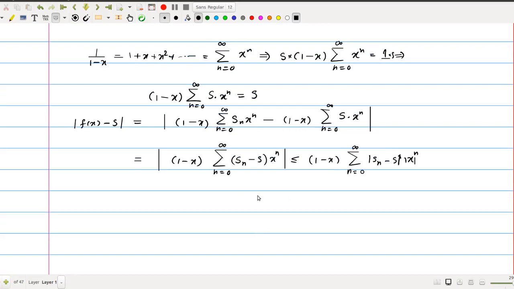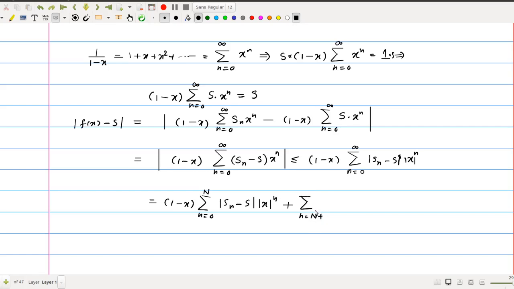Now we write this summation from n equal to 0 to infinity as the summation from n equal to 0 to capital N plus the summation from small n equal to capital N plus 1 to infinity. So we write that as (1 minus x) times the summation from n equal to 0 to N of |Sn minus s| x raised to n, plus the summation from n equal to N plus 1 to infinity, where we have 1 minus x as well.